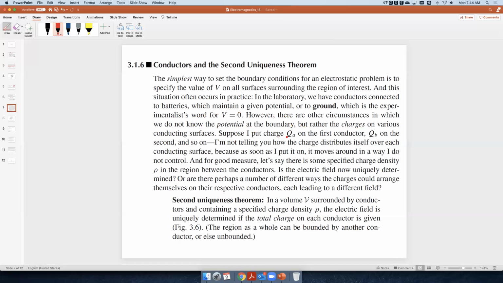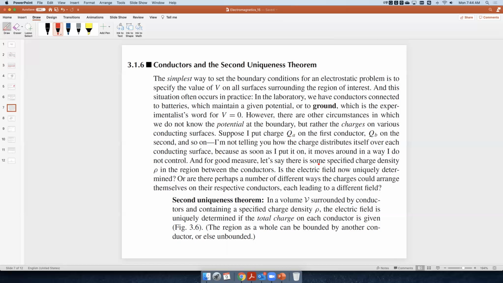If we put charge Q_A on the first conductor and Q_B on the second conductor, and so on, the charge distribution on each conductor is not known, but we know the total charge on each conductor. The total charge, for example, for the first conductor is Q_A.